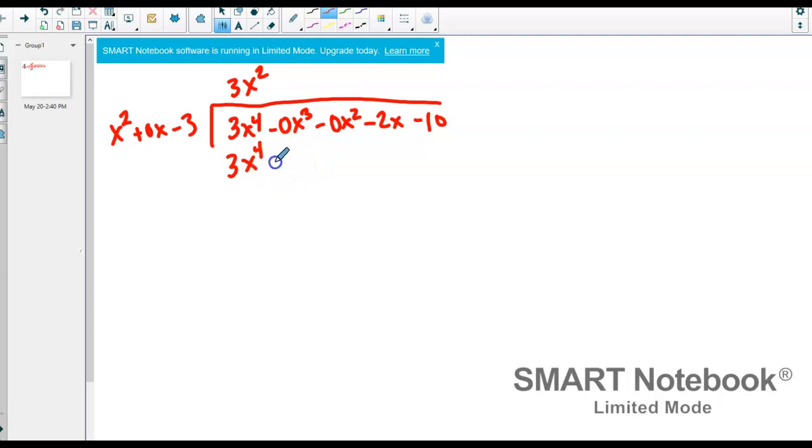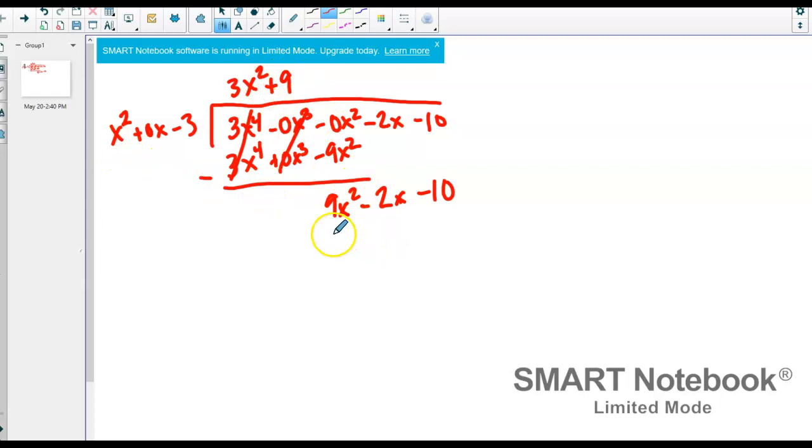So this gives me plus 0x to the 3rd, and then minus 9x squared. Then I'm going to subtract everything. That cancels that out. This becomes a positive 9x squared. Drop everything else down. And I'm going to say, what do I got to multiply to x squared to get 9x squared? That'll be positive 9. And so I'll get 9x squared plus 0x and minus 27.